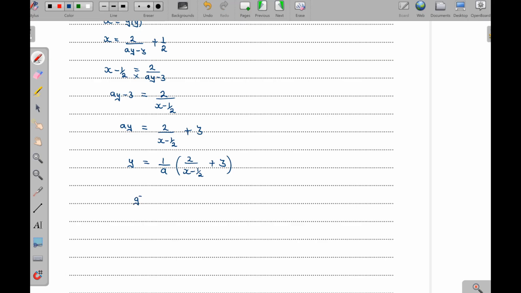So that means the g inverse of x shall be equal to 1 over a into 2 out of x minus a half. There are many ways we can write this, okay? I can simplify this such that I don't have the half in here, and then I get one fraction, then times the 1 over a, but that is wastage of time because they never told you to put it in any format. So this one, I'm going to leave it there.